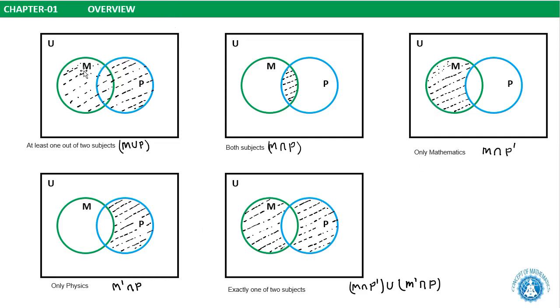Suppose U is universal set here, and set M represents the teachers who teach maths, and set P represents the teachers who teach physics. So M union P, that is union of M and P, represents at least one out of two subjects, that means one or two, or both.